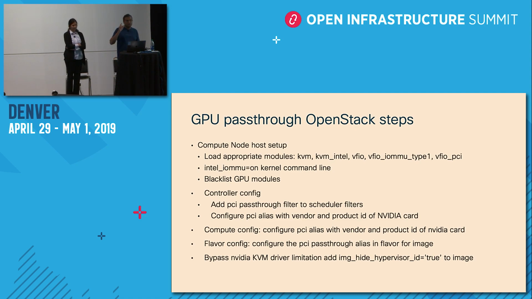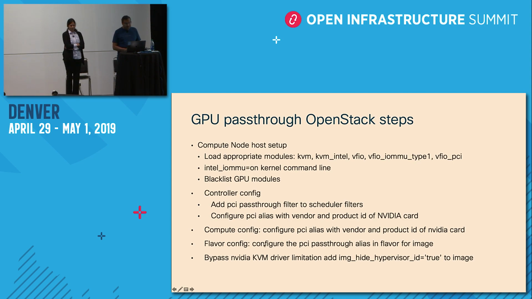So basically, you can do lspci on a Linux host to get the information about what the vendor and product ID are, and plug those into the configs. These configs, which you do on the controller and the compute node, need to be done in nova.conf, for the Nova services. So you change nova.conf and restart the Nova services, and you're good after that, basically. You also need to tag the flavor with the correct PCI alias that you just created in the step above.